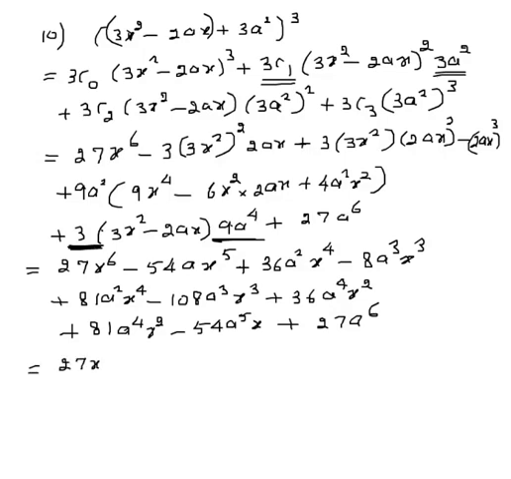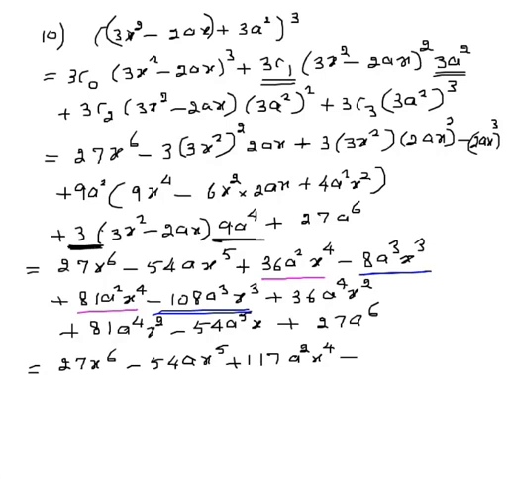The first term is 27 x raised to 6 and minus 54 a x raised to 5, 36 a square x power 4 and 81 a square x power 4. Let us add, 117 a square x raised to 4, and then we have minus 8 a cube x cube and minus 108 a cube x cube.